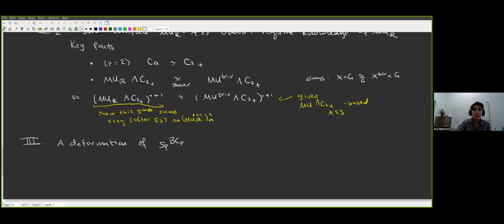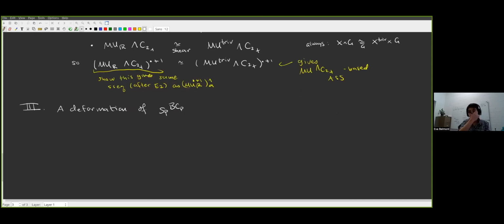Okay, so let's talk about this for CP instead of C2. So our theorem. The first part is essentially what I already said. So how do we describe, I'll say generalizable, ways of describing this.